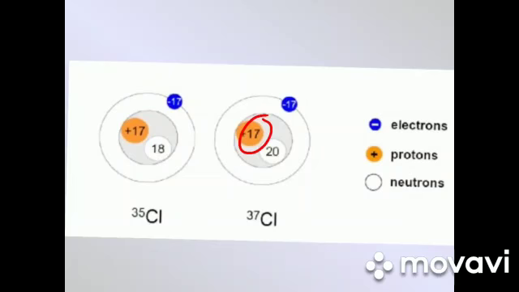The difference is only in the number of neutrons. So chlorine 35 has 18 neutrons and chlorine 37 has 20 neutrons. They are denoted by writing the atomic number as a subscript and mass number as a superscript on the left hand side of a chemical symbol.